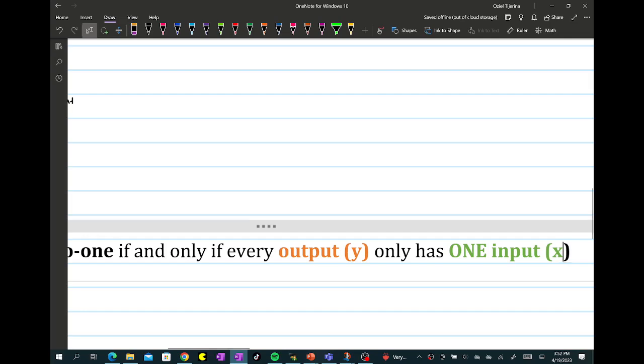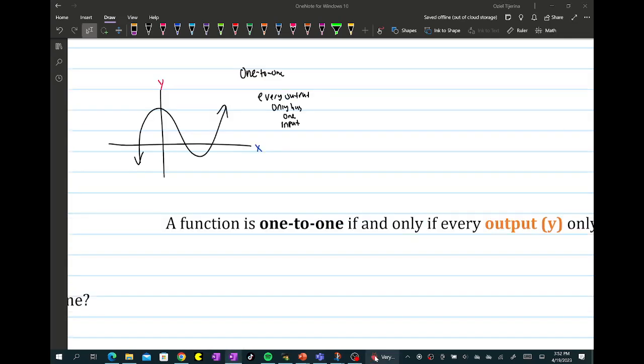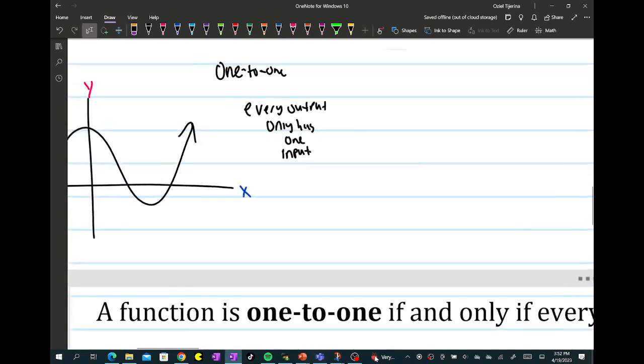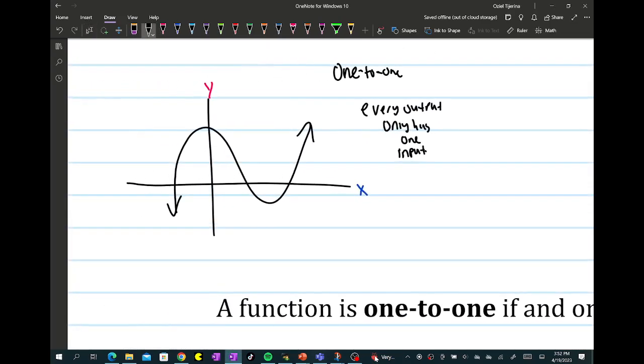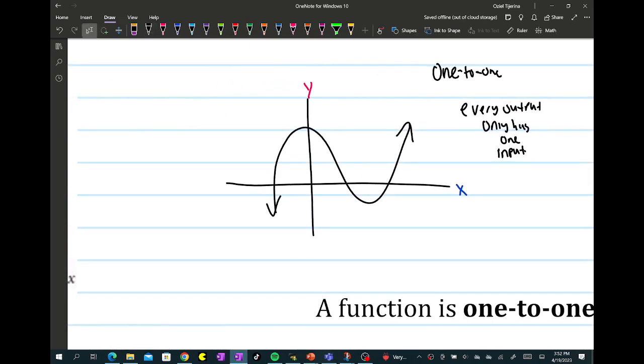Basically what I'm trying to say here is that every output only has one input. In this example right here, this is not really true.